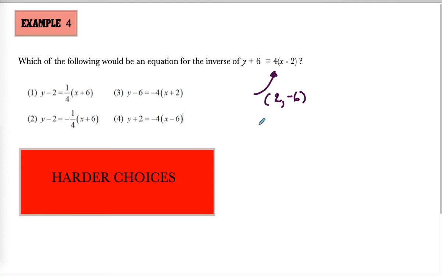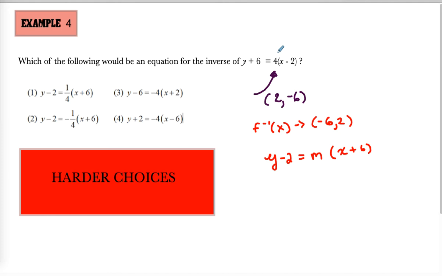Now the inverse of this would go through the point -6, 2. So if I were to rewrite that in point slope form, I'm looking for y minus 2 equals some slope times x plus 6.